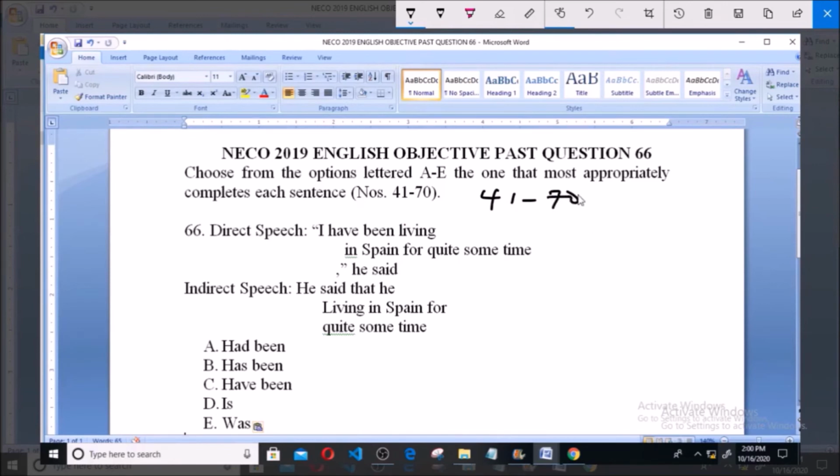And this question is set from what we call speech. There's a topic in English class called speech, and under speech we have what we call direct speech and indirect speech. Take note of that. So the question covers direct and indirect speech.